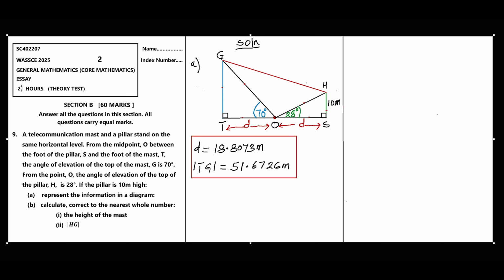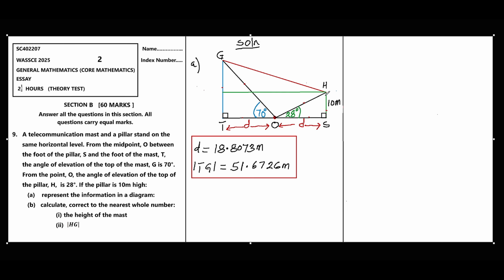So to be able to calculate the length of HG, we need to create a right angle triangle. So how do we create a right angle triangle from line HG? When we join point H to this particular point, we will surely get a right angle triangle.